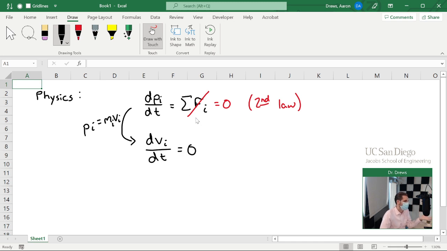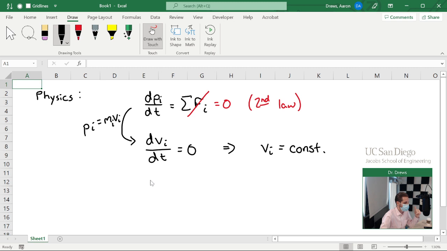You put in the m times the v, and the m pops out and gets divided by 0, or 0 gets divided by that. The result of this, whenever a time rate of change is 0, is that velocity, or generally that term, is constant. So the velocities of our particles, once they're given a particular velocity, will keep that velocity for the entire simulation. They can't change it. There's no way to change it.